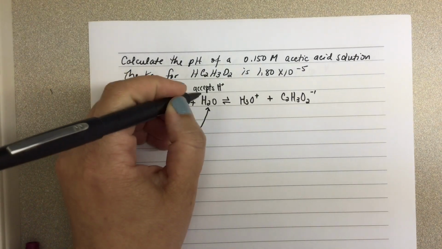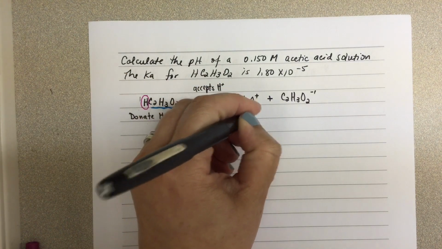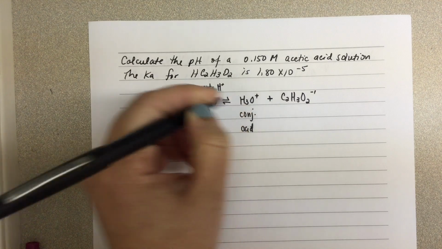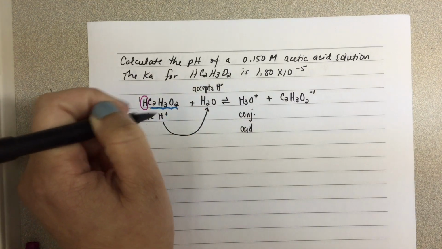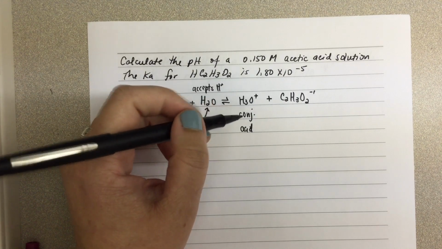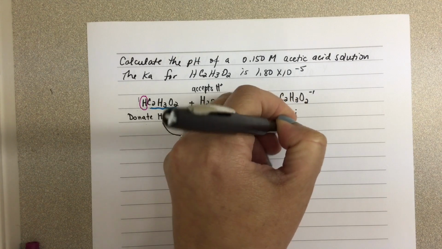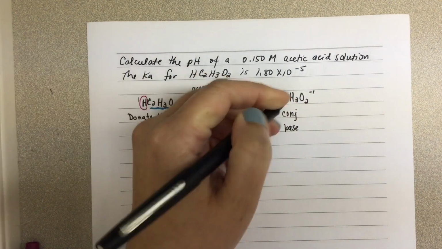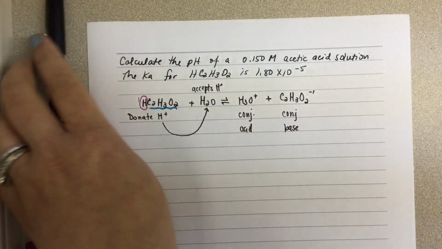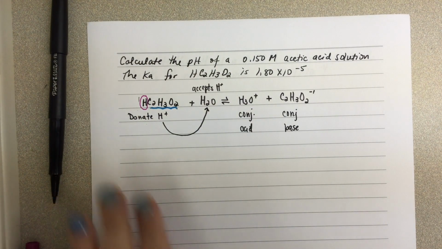The acid, the base, and what you're getting here is the conjugate acid. And the conjugate acid is your base with the proton. And this one here will be your conjugate base, which is the acid minus the proton. There, that's to review your conjugates.